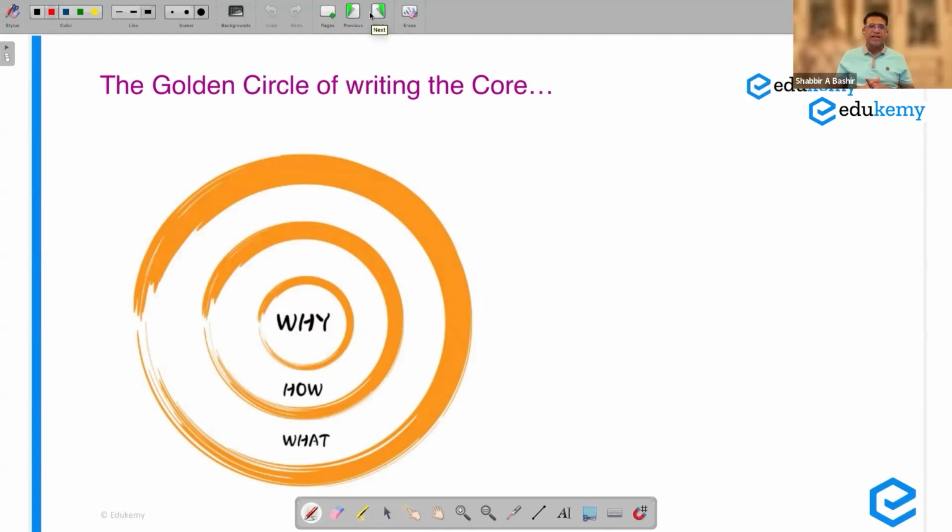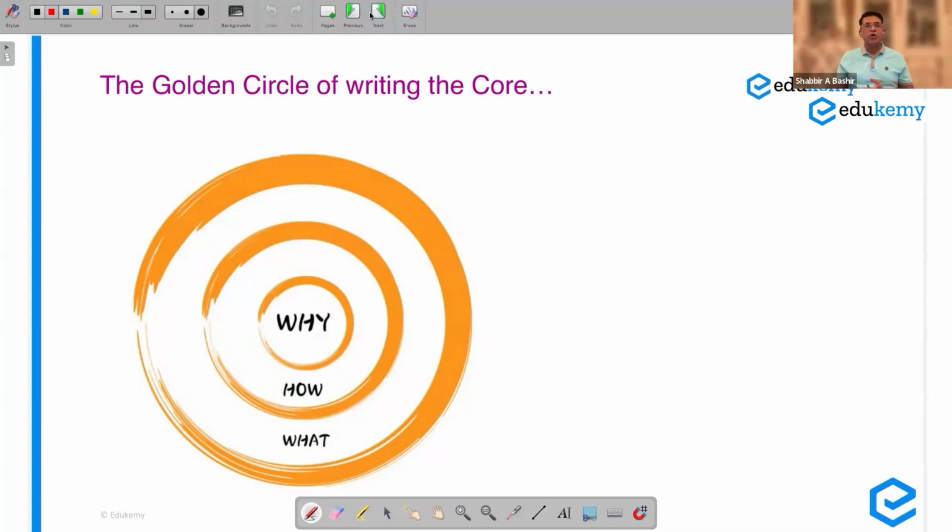To explain the process, I use this concept called the golden circle. There's a very famous motivational speaker who also talks about the organization of companies, about how to align a company towards best sustainable practices: Simon Sinek. Simon Sinek talks about this concept of the golden circle.